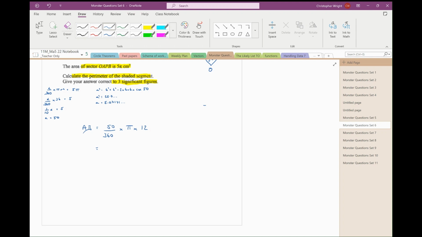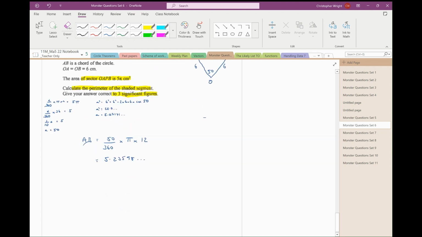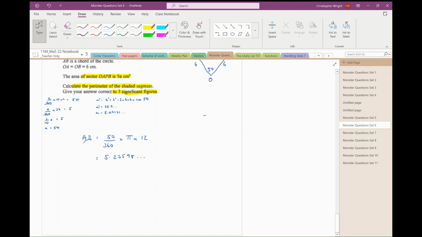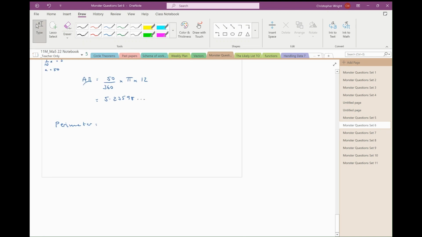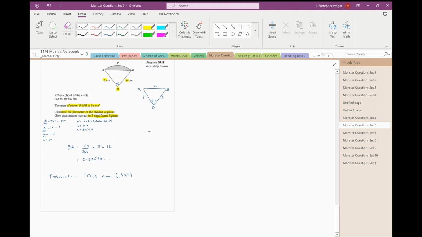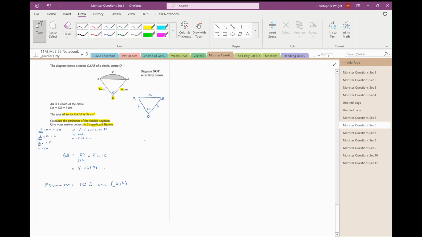So that gives me 5.23598 and so on. And onto that, I'm going to add the length of little a, the length of that chord there, 5.07141. And that gives me the total length of the perimeter, which I'm going to write to 3 significant figures: 10.3 centimeters to 3 significant figures. And there is my solution for question 5.